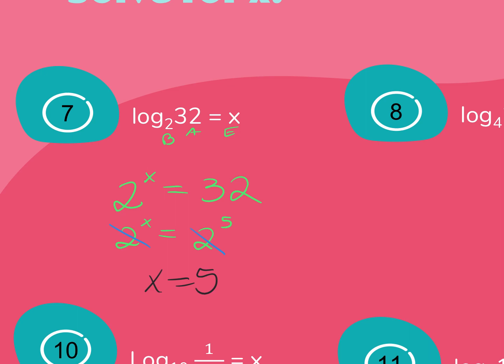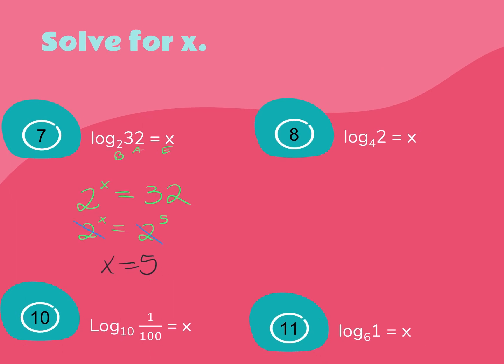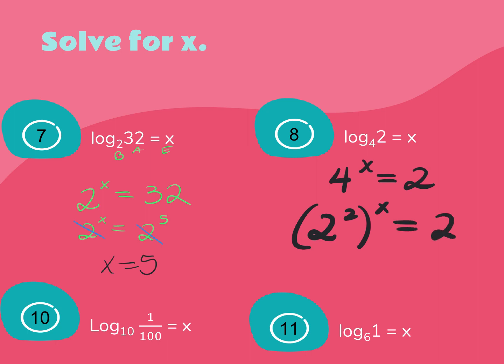We can try the next one. Change it to exponential. So 4 to the x power equals 2. I need to change the 4 so it has a base of 2. I can change the 4 into 2 squared. The x is still there. Remember, power to a power, and this 2, I can know that there's a little assumed 1 there.